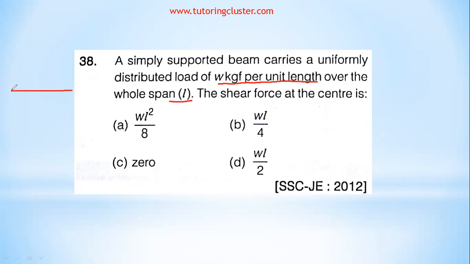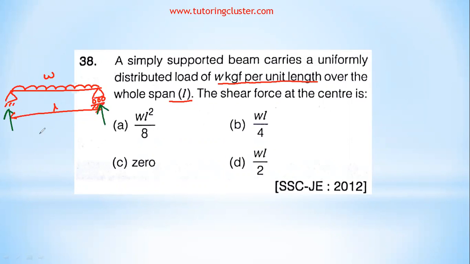So let us draw first the simply supported beam. This simply supported beam is carrying a uniformly distributed load W over length L, right? So this is the given problem. Let us first find out the reaction.